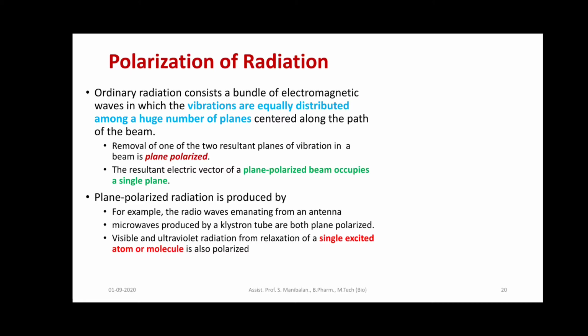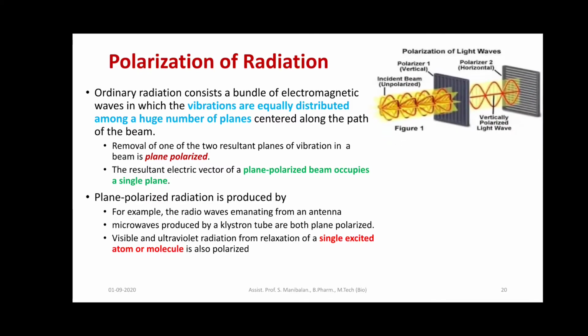The resultant electric vector of a plane polarized beam occupies a single plane, so we need that single plane. Plane polarized radiation is usually produced by antennas, microwaves and other singly excited atoms or molecules. Note that it is singly excited.